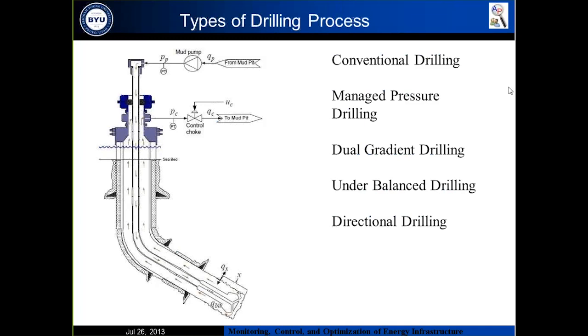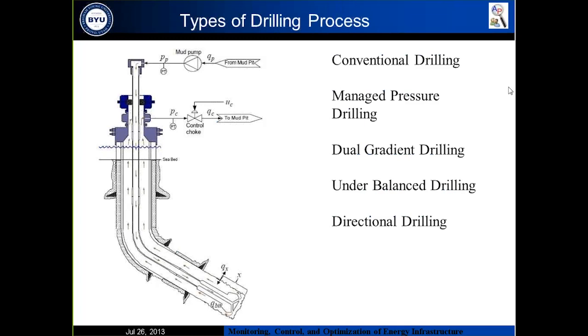Then they developed managed pressure drilling, and they added a control valve here and seal the annulus, so they are able to control the pressure here, and this way controlling the pressure is easier.